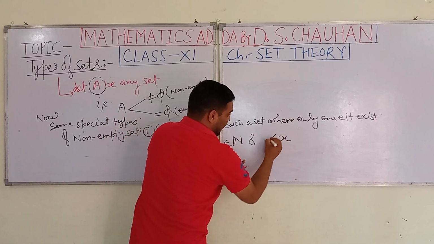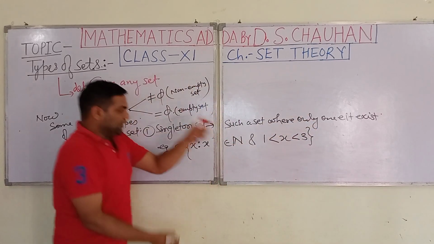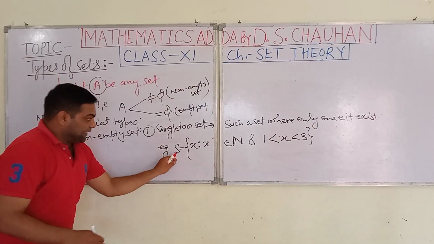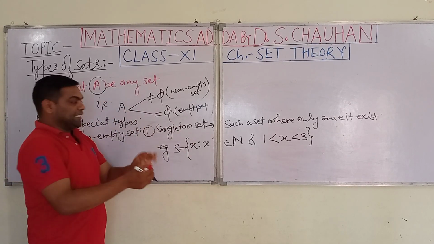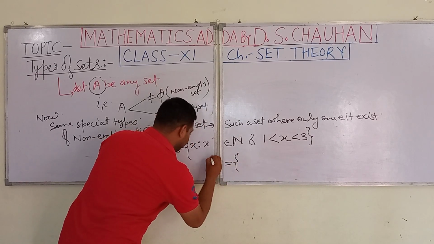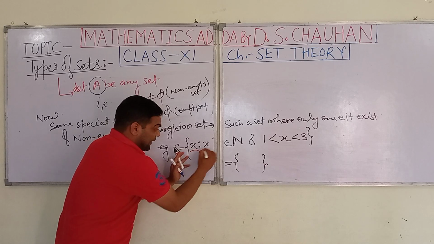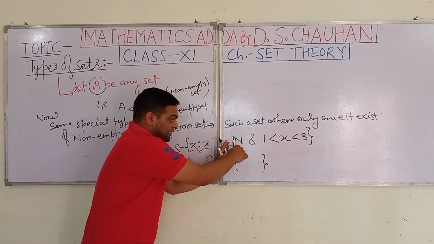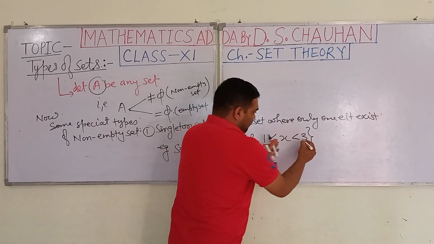For example, let us take a set in set builder form: X such that X belongs to the set of natural numbers and it is lying between 1 and 3. Well students, this set is a singleton set. How is it a singleton set?